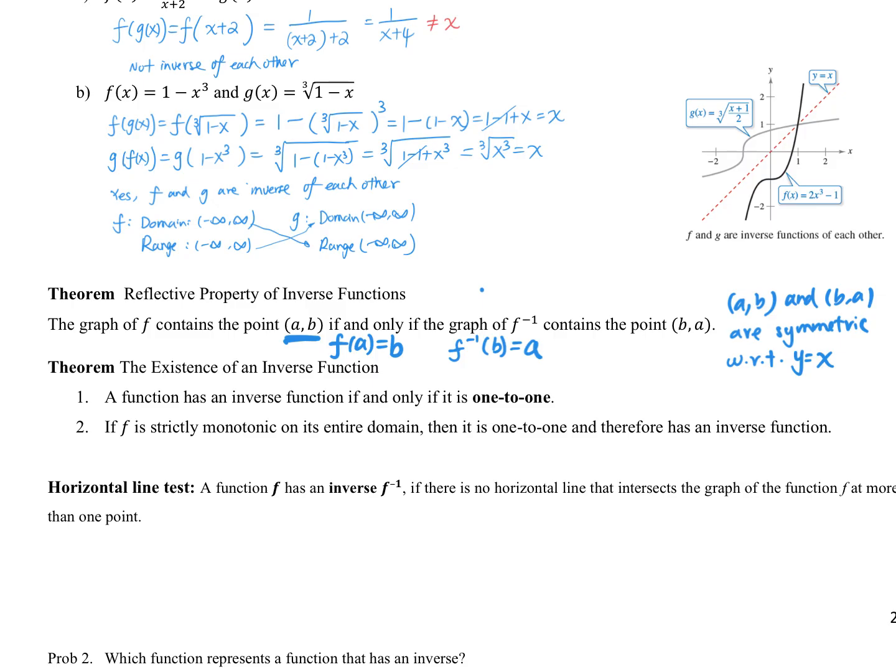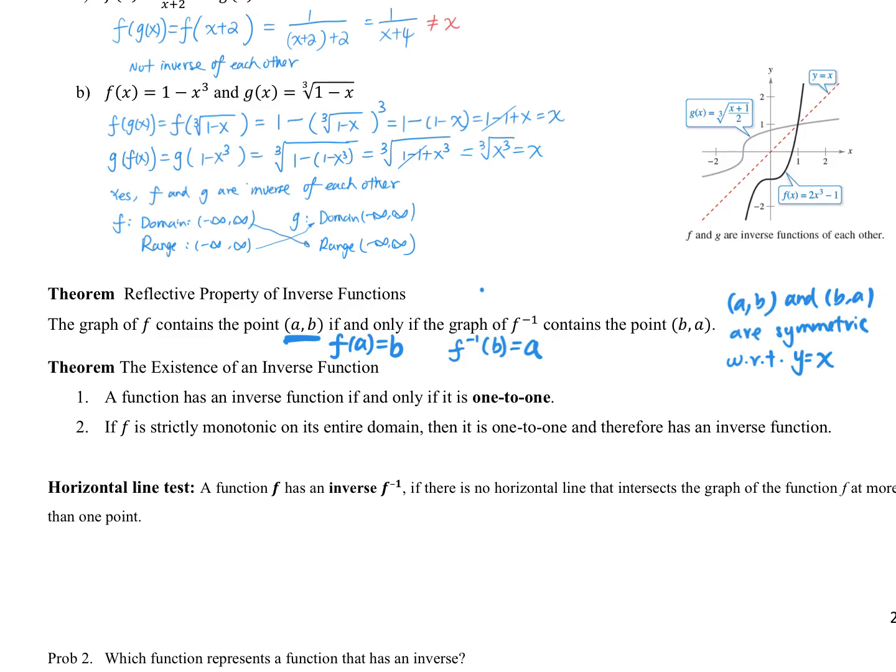So therefore, for any function f, if the inverse exists, then its graph should be symmetric with respect to y equals x, this identity line. This is what this theorem is all about.